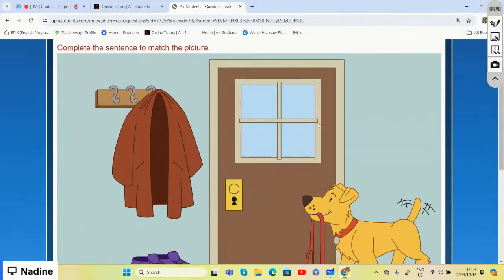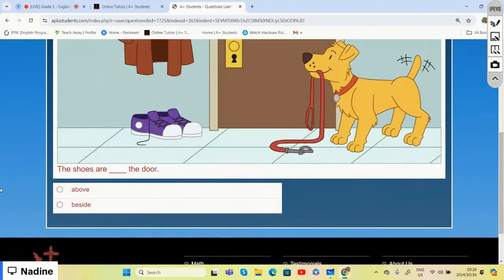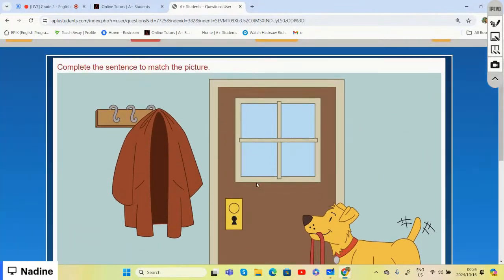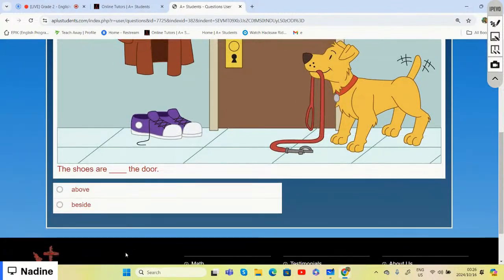We need to look at the sentence. The shoes are the door. Here's the door and here's the shoes. We need to say where the shoes are from the door. The shoes are above the door or beside the door. Where are the shoes?